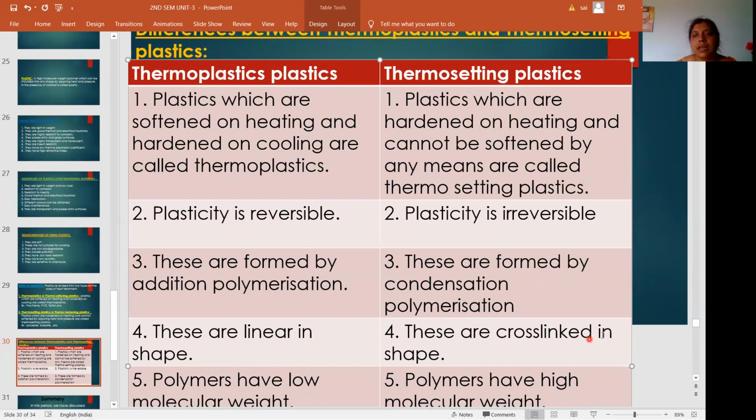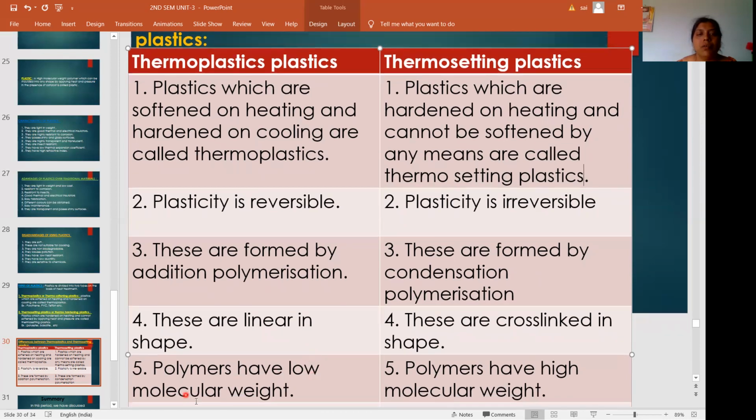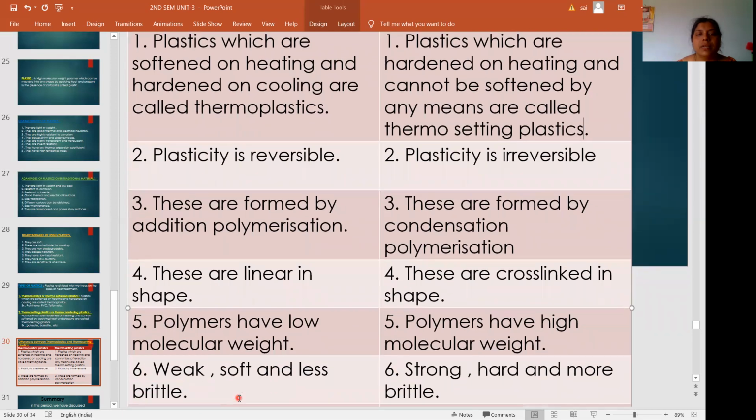Whereas these are cross-linked in shape. The plastics prepared by condensation polymerization are cross-linked in shape. Thermoplastics have low molecular weight, and thermosetting plastics have high molecular weight. Thermoplastics are weak, soft, and less brittle.